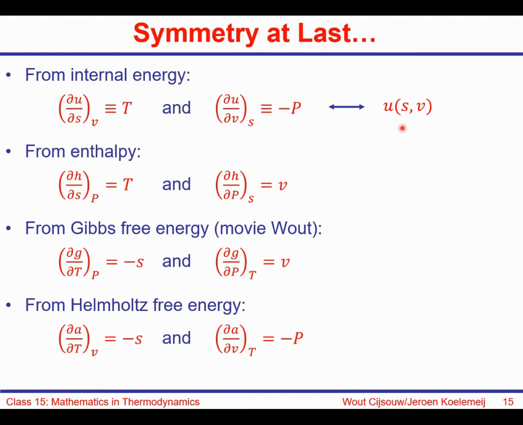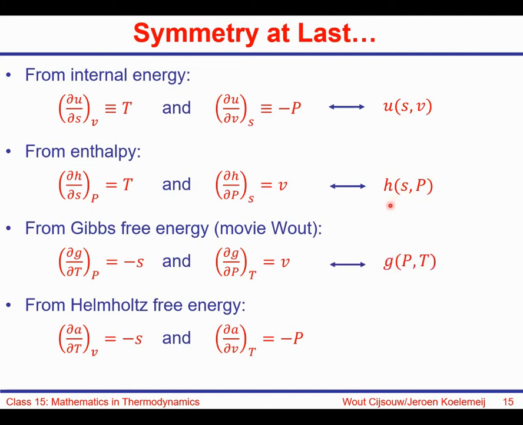You know two thermodynamic variables, and you can find the other ones. And the same goes for the enthalpy, provided that we write the enthalpy as a function of S and P. So this explains also why we chose this particular combination of variables. So also here, you know the entropy and the pressure, then you can derive T and V, provided you also know H.